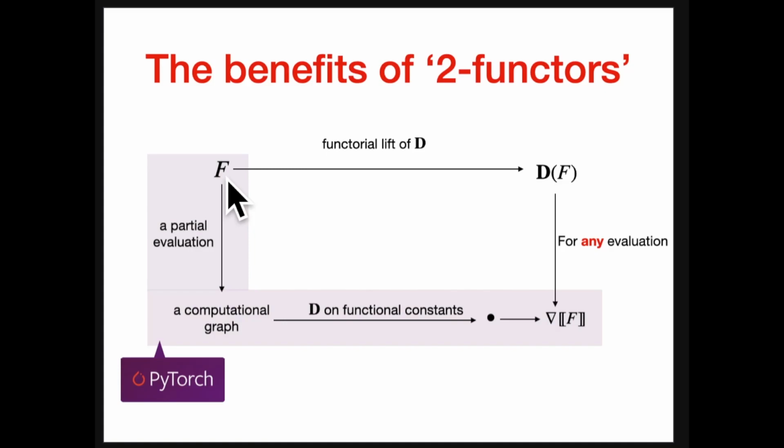And then you can compute the gradient just by evaluating this new program. Of course, you can evaluate it to get the computational graph given by PyTorch by following this path. But you can now perform a different partial evaluation, gaining in modularity. But this is another story.